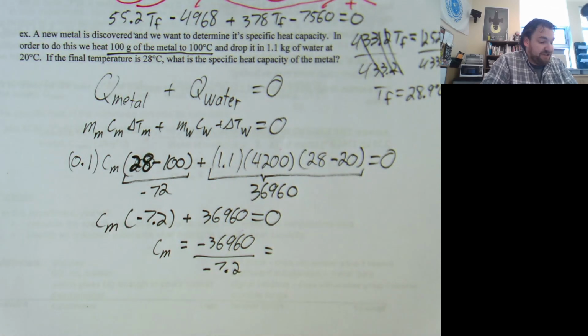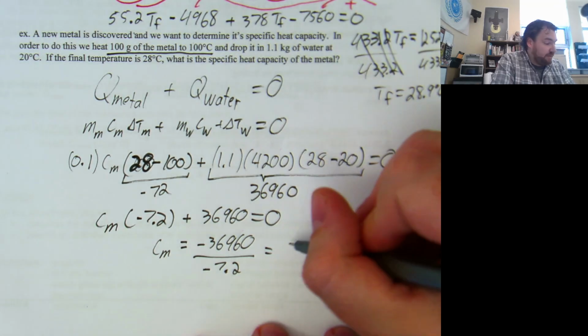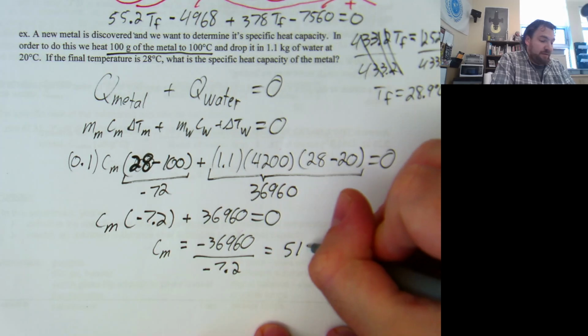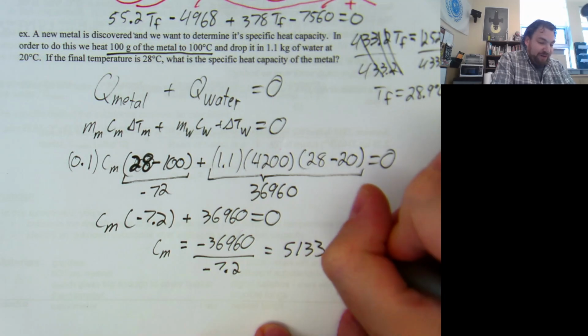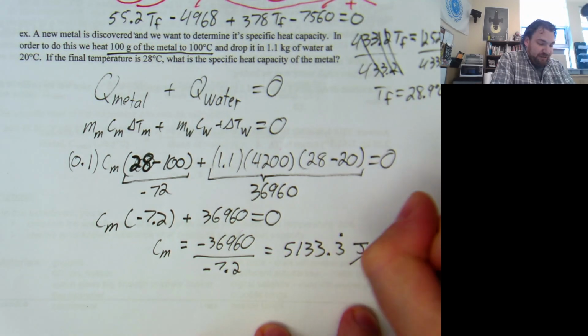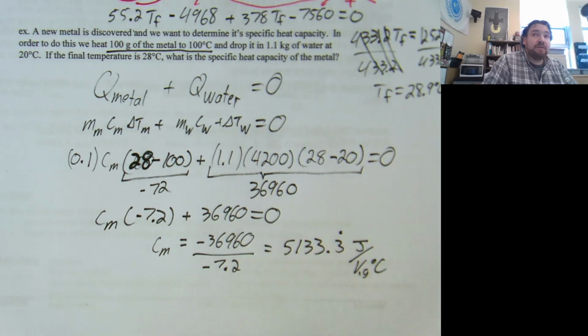And you should find that the specific heat capacity of that metal, whatever it is, is a ridiculous 5,133.3 repeating joules per kilogram degrees Celsius, which I'll have you know is not possible for a metal. But there it is. That's the value.